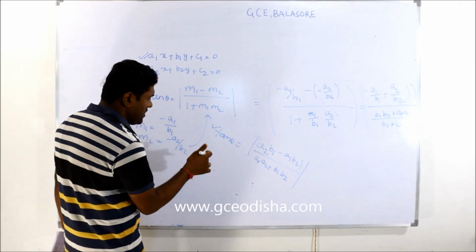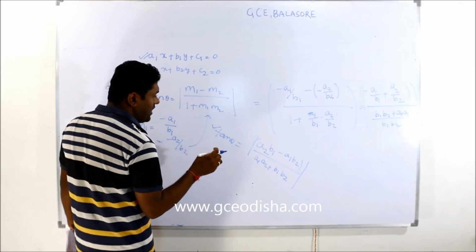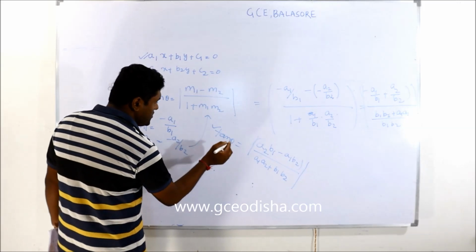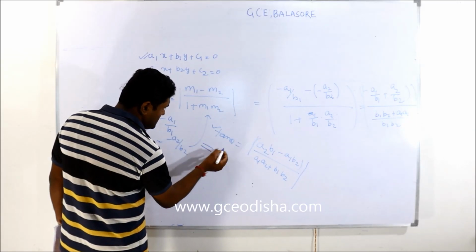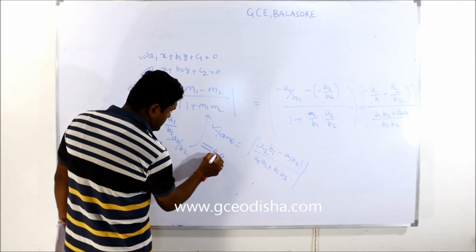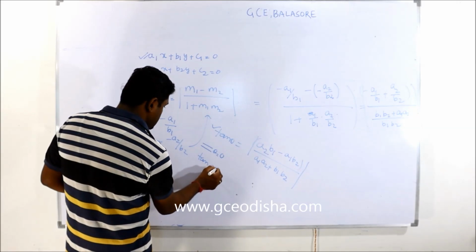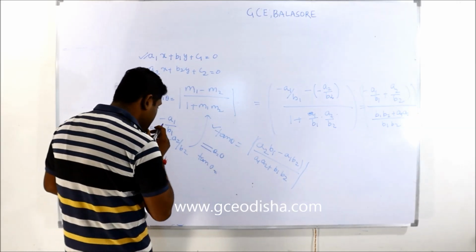If they ask, if the lines are parallel, because they are like this, the angle theta is 0 degrees. When theta is equal to 0 degrees, how much will tan theta be? Tan 0 is 0, right?